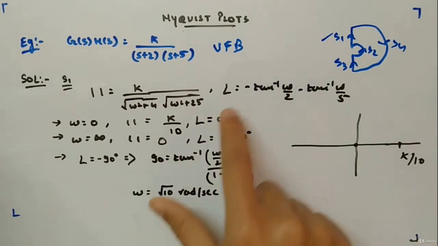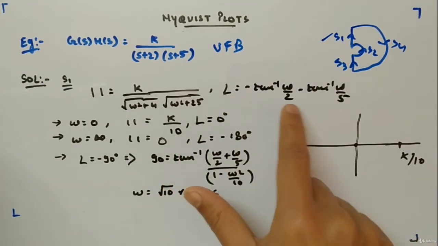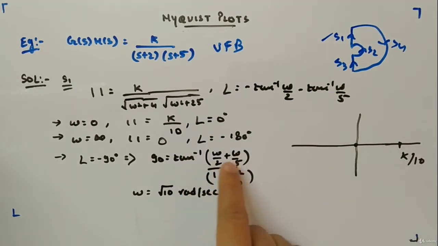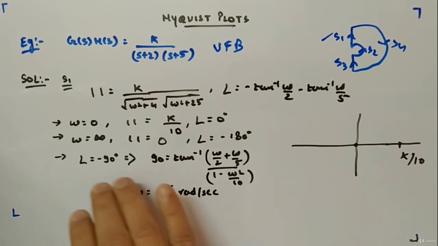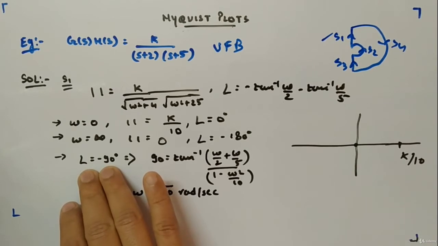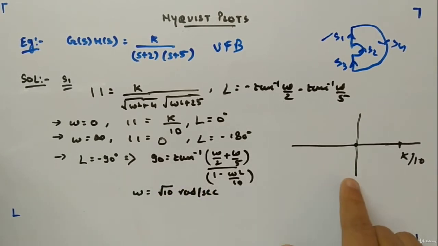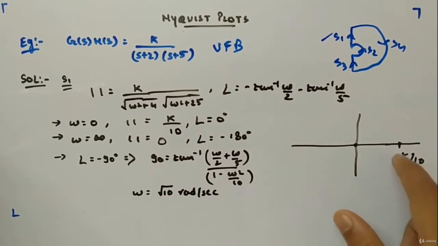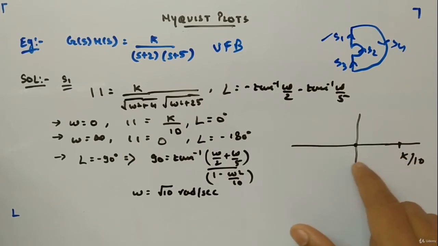I put 90 degrees in the angle, applied tan⁻¹A + tan⁻¹B = tan⁻¹((A+B)/(1−AB)). This will give ω equal to √10 radians per second. So you can see there is a finite value of ω for the angle −90 degrees, so this plot will cut the −90 degree line.